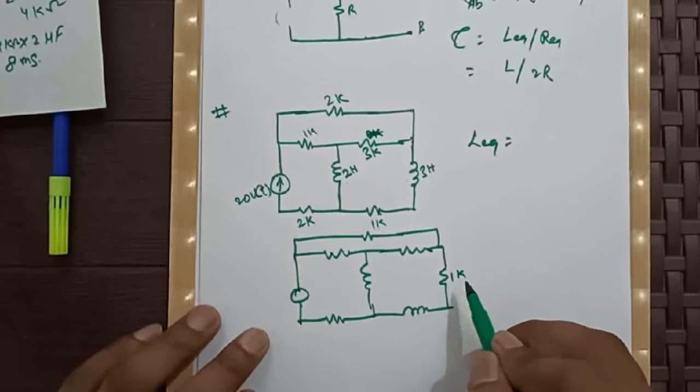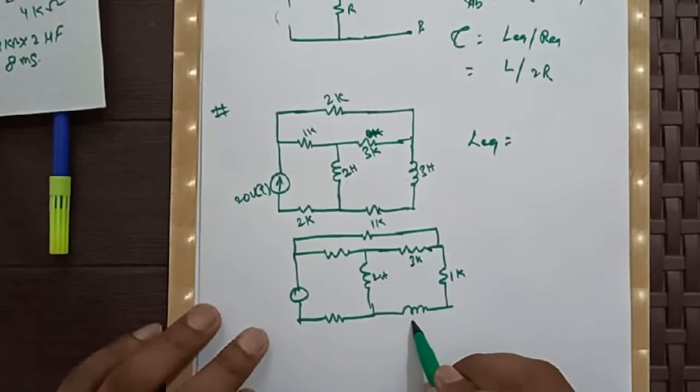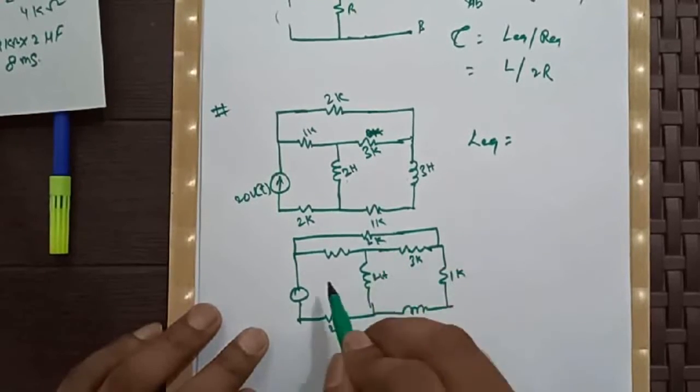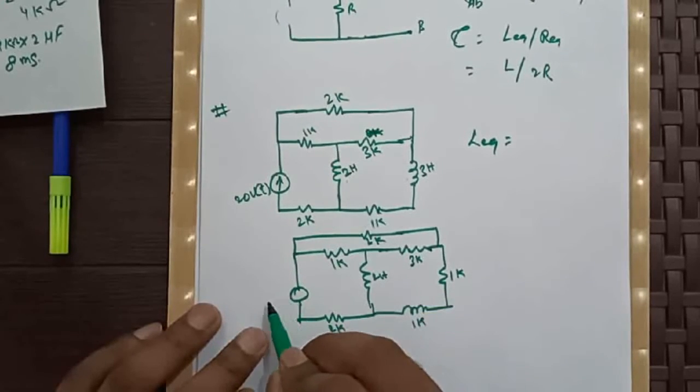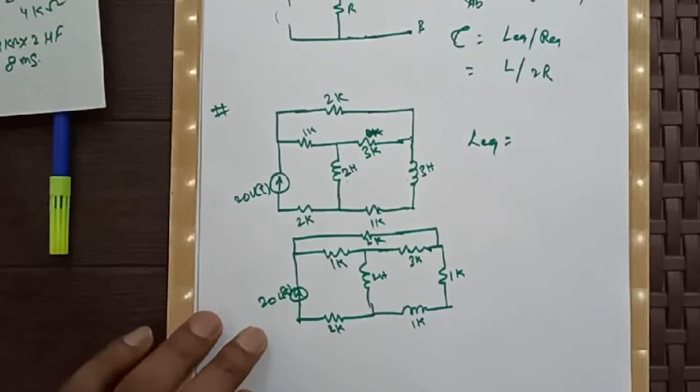This will be 1K, 3K, 2 Henry, 1K, 2K, this is 2K, this is 1K, 20 UT, right?